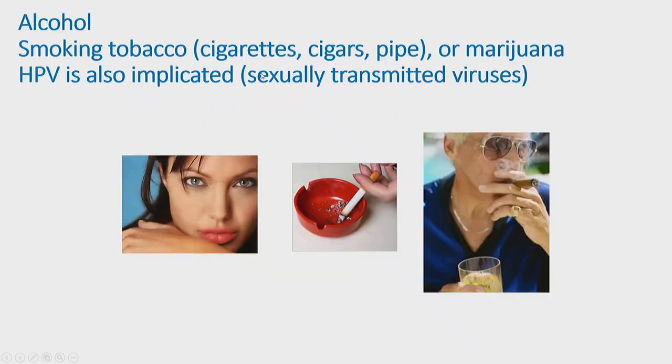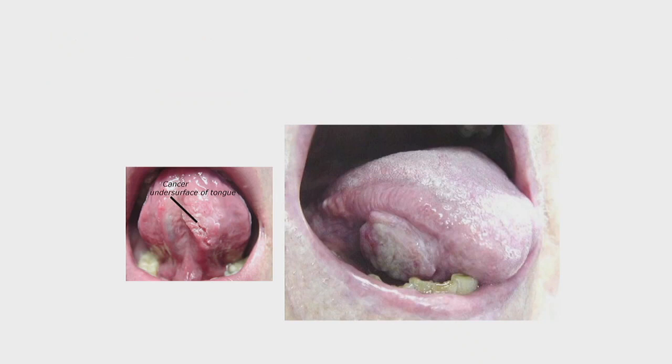The risk factors are cigarettes, alcohol, and HPV virus. They are all risk factors, and you can see different parts of the cancer growing. When it is in this stage, you have to do either a total glossectomy, cutting all of the tongue, or half of the tongue, or 3/4 of the tongue, and then you have to go through the neck dissection of the lymph nodes.